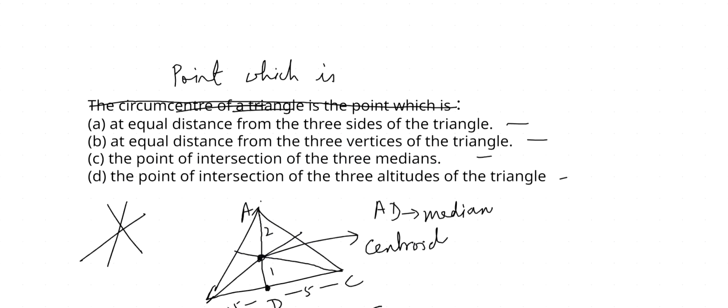What about the in-center? Okay. Now, I have a triangle, and again 3 sides, 3 vertices and 3 interior angles. So I'm going to bisect the angles. I'm going to take half.